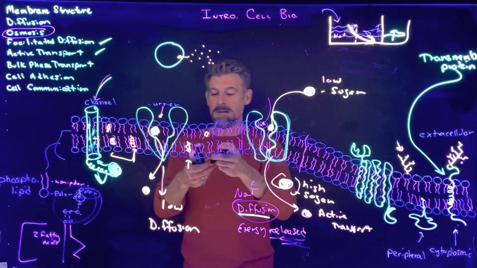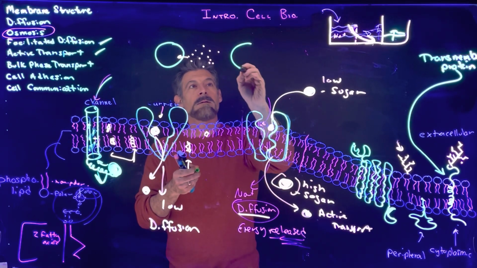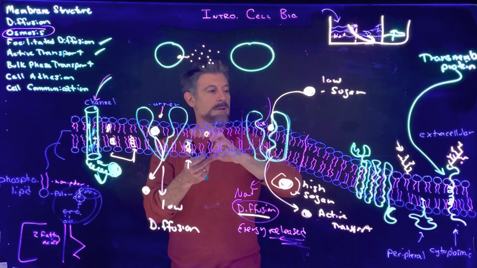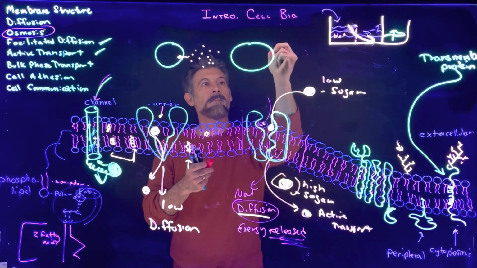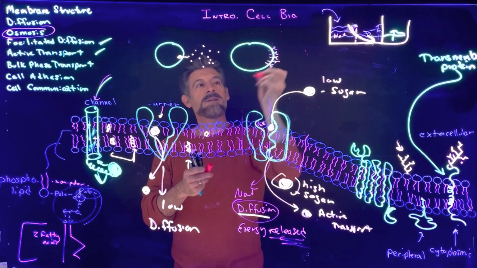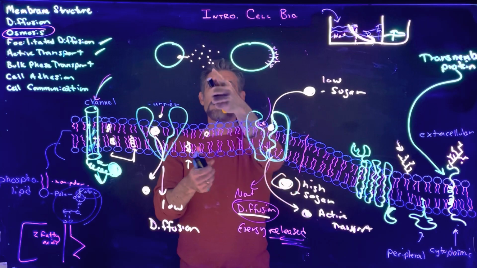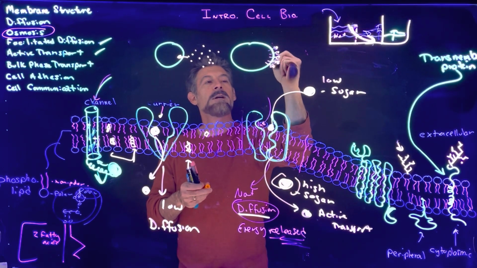Or it could do something a little bit different. The cell can have unique proteins on its surface. They're receptors, and they bind these molecules. So these little molecules are now getting attached to proteins.